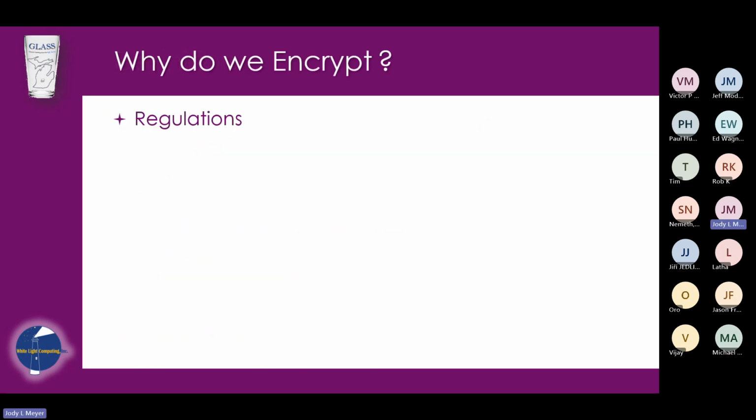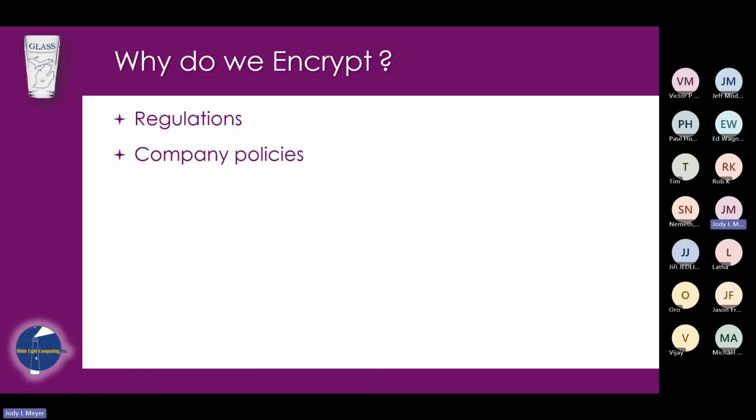Why do we encrypt? Well, there are hundreds of regulations, both federal and state, that require encryption so that personal data is protected. And in the white paper, there is a link to some information on those various regulations if you're curious.